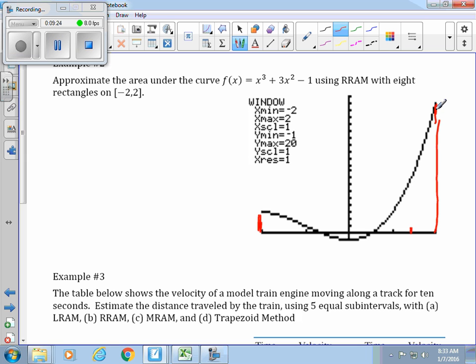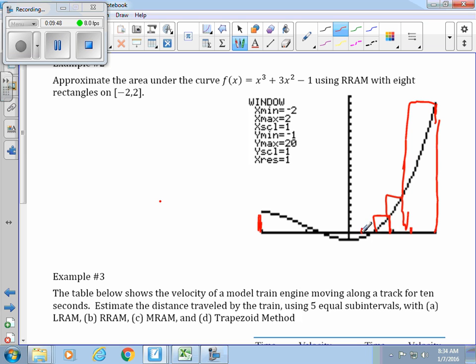So we have a rectangle that looks like this. And so forth. Okay? But then down here, the rectangle is using a right endpoint.